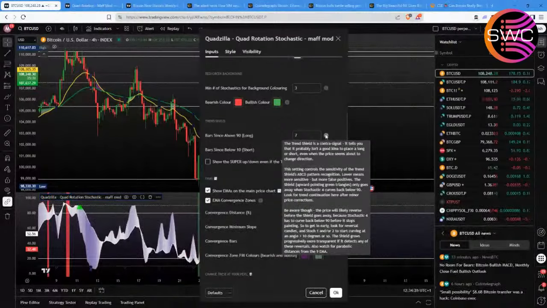In other words, Stochastic 4 has to curve back down. So if there's a reversal candle, then it goes slightly transparent. If Stochastics 1 and 2 have already started to curve round, then it goes progressively more transparent.